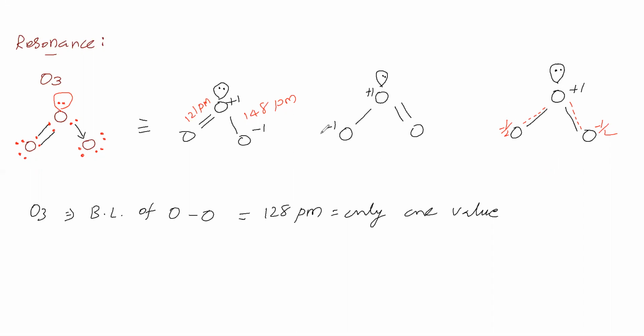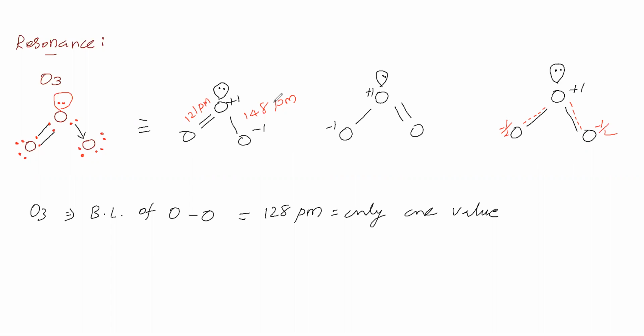Whereas these two structures are not in accordance with the experimental fact. Therefore, these two structures are not actual structures. It is the actual structure. But we have written this actual structure with the help of these structures.